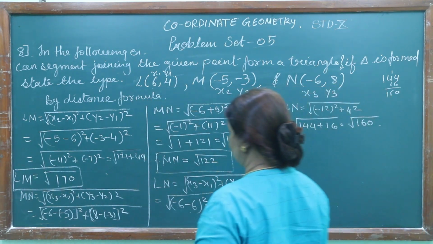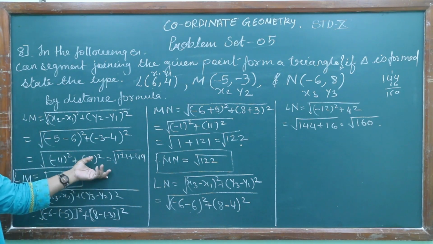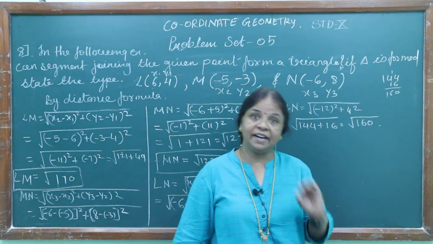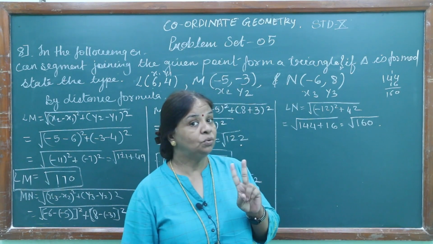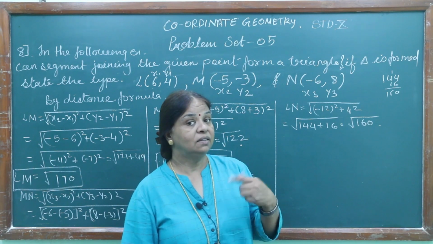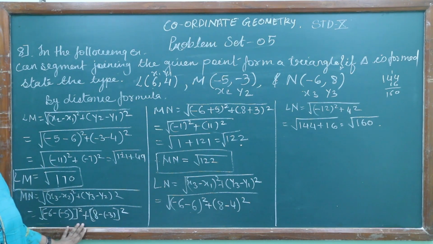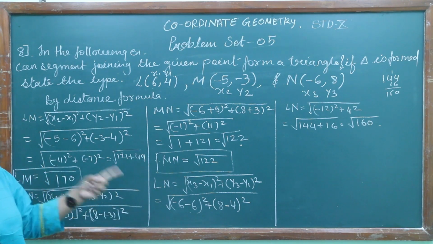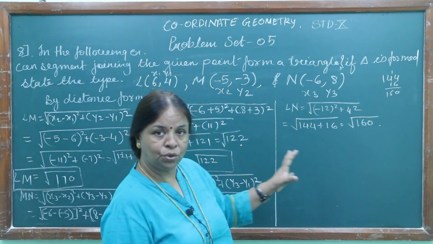So for any three distances to form a triangle, the sum of the two distances should be greater than the third distance. Okay, the sum of the two distances should be greater than the third distance. So let me add two distances and check what is the value by adding the two lengths.